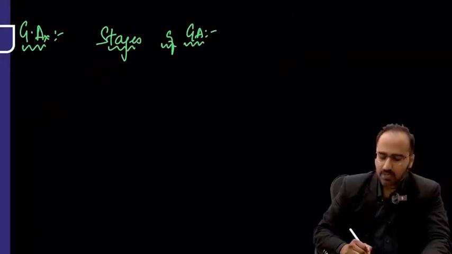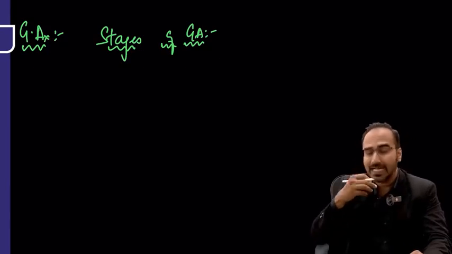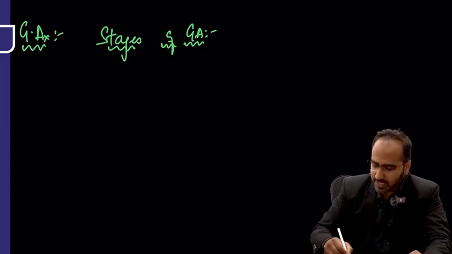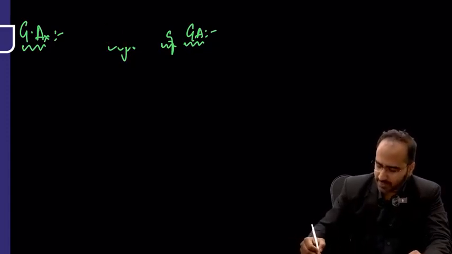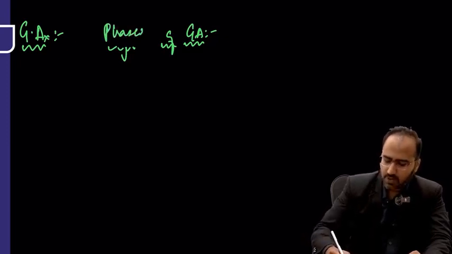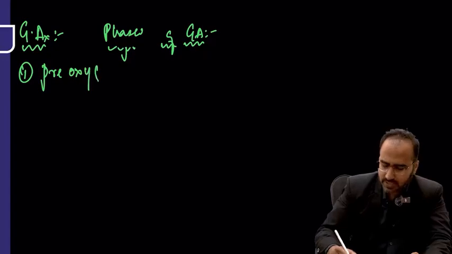Right. Now, we are discussing the phases of general anesthesia. How in practicality we give general anesthesia. General anesthesia effect can be achieved in 4 phases. The first phase is called pre-oxygenation.